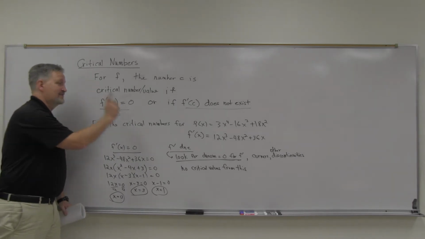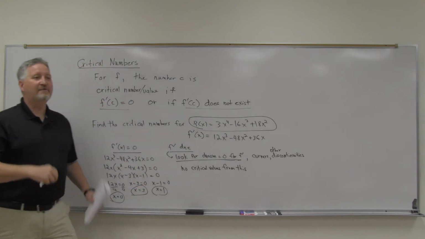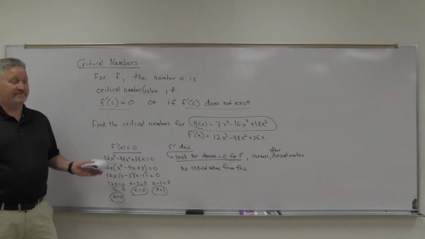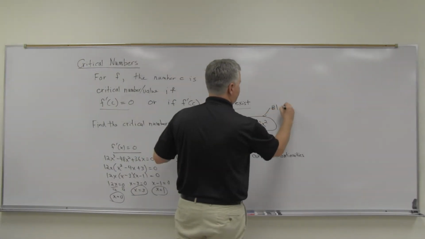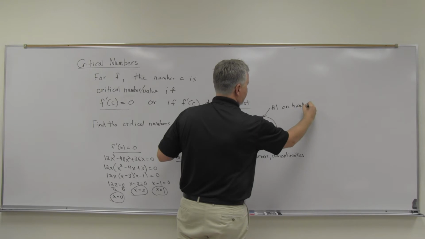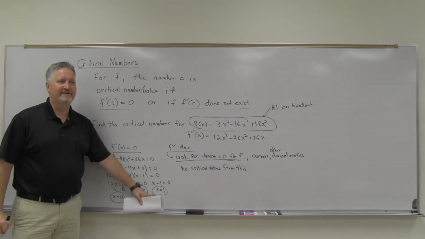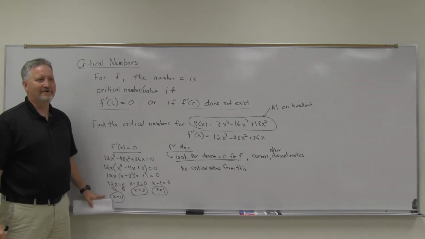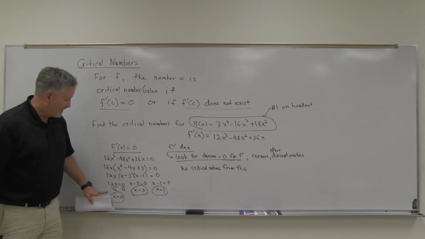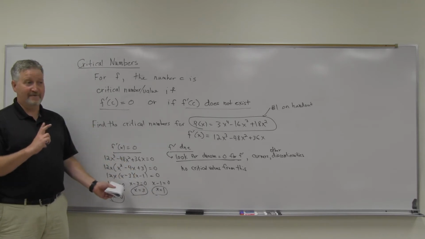Now I did this one specifically because do you recognize that one? That was the first one we did on the handout. This is function number 1 on the handout. And what did we find at x is 0, x is 3, and x is 1? Were those the local mins and maxes? Yeah. At f of 0, f of 3, and f of 1, we either had a local min or a local max, okay?